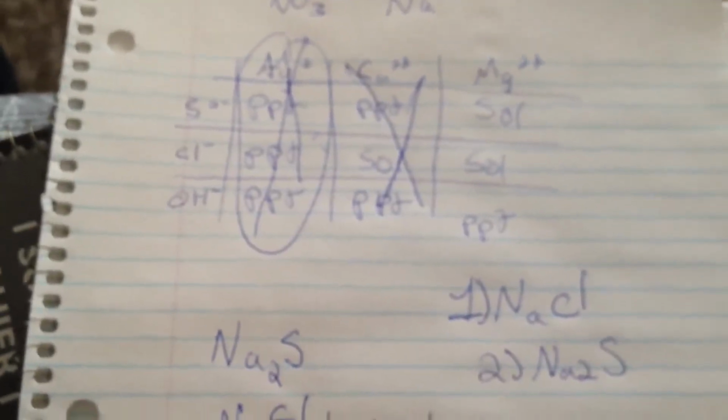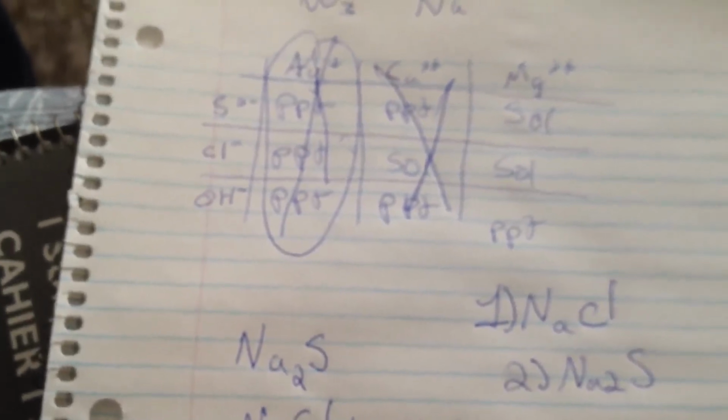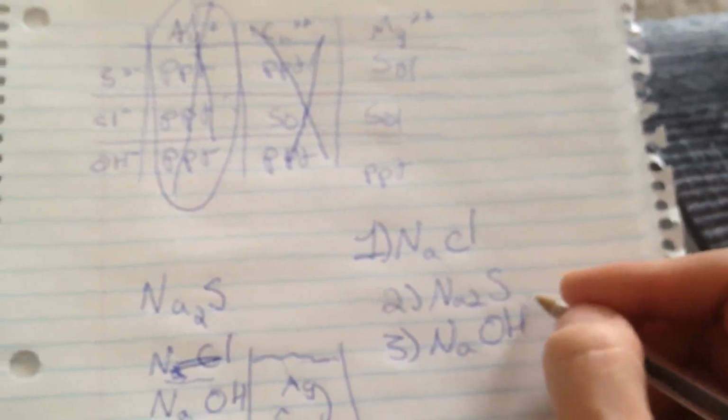One at a time, I'm eliminating these in succession, okay? The only thing I need now is to get rid of the magnesium, and the only thing that makes a precipitate with magnesium is the hydroxide. So that's the last thing left. The last one to go would be sodium hydroxide, like so.